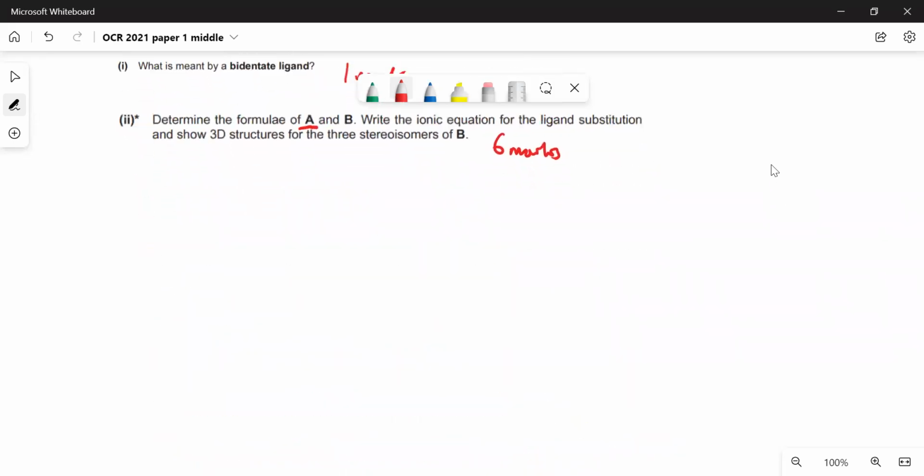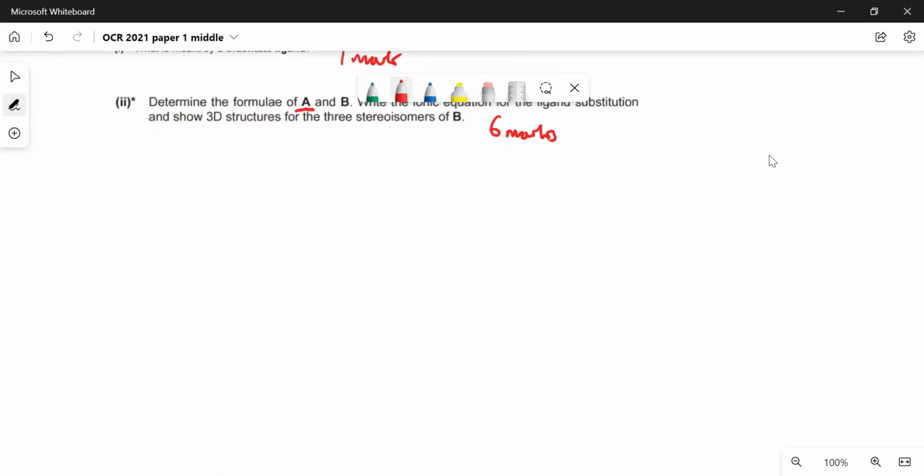Okay, so we need to do our usual way: they give us the percentages and we can work out the formula. They tell us chromium is 17.1%, hydrogen 3.94% by mass, oxygen 63.1% by mass, and sulfur 15.83% by mass. These are the masses, so let's work out the moles in 100 grams.